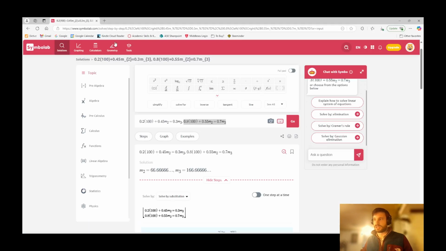So what I've done here is I've written out the exact same equations that we just solved, and I put them into Simulab. I could have put them into various other tools, right? But it's given me the values for M2 and M3 like that.